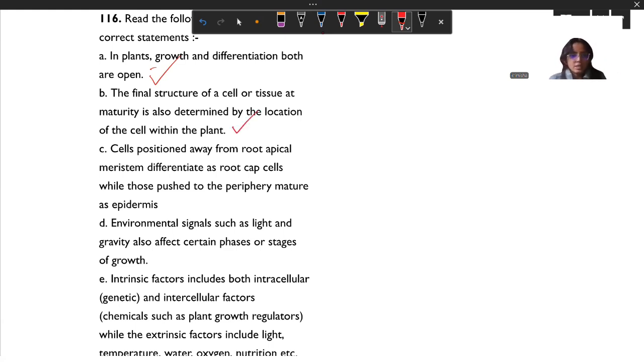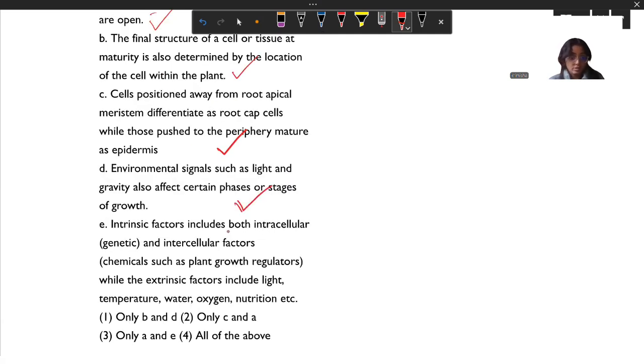This is true. Cells positioned away from the root apical meristem differentiate as root-cap cells, while those pushed into the periphery mature as epidermis. This is also true. Environmental signals such as light and gravity affect certain stages of growth. Yes, they do.